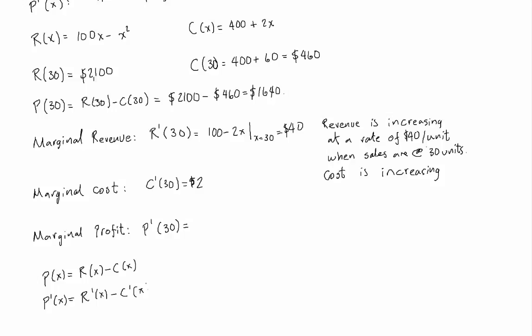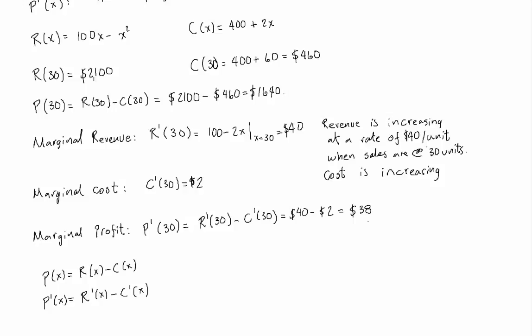If we had a product, we wouldn't be able to do that, but since it's a sum or a difference, we can certainly do it. So it's just the marginal revenue minus the marginal cost. In that case it's going to be 40 minus 2. So our profit is increasing by $38 per product.